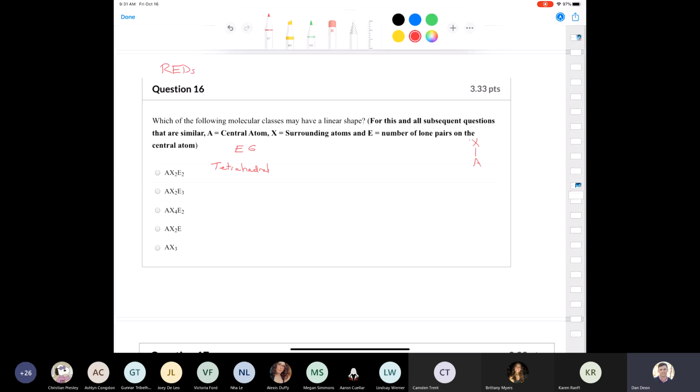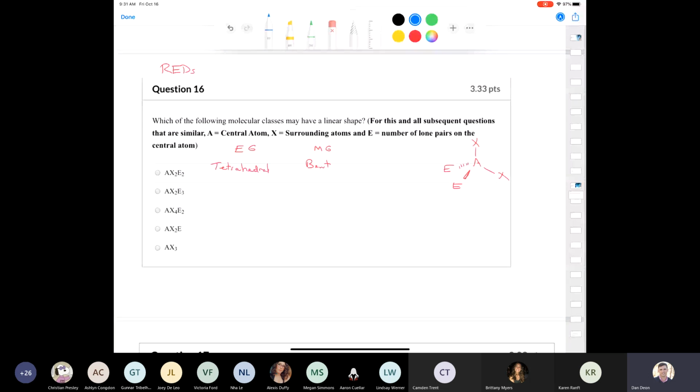Our 2 X's, I'll draw them in the plane. I don't really have to draw the lone pairs, it's making it more complicated than I need to. We'll put a lone pair down here, and a lone pair like this. And so the molecular geometry of this molecule would be bent.